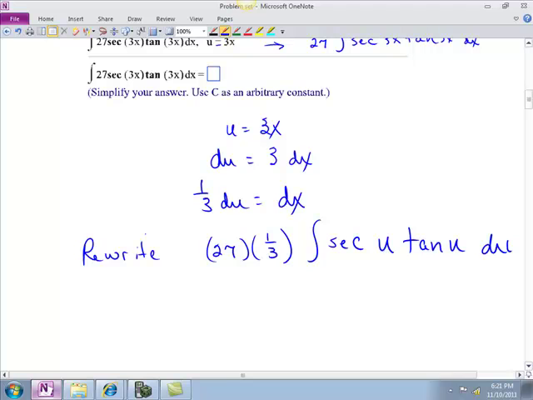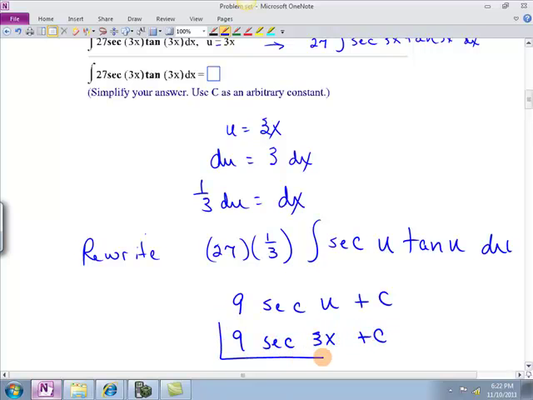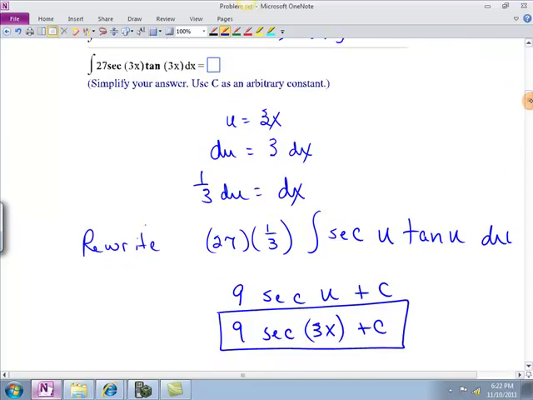What's the integral of secant tan? Just secant. So we would have 9 secant u plus c, so 9 secant 3x plus c. I don't know if they put that in parentheses or not. Maybe. All right, everybody good?